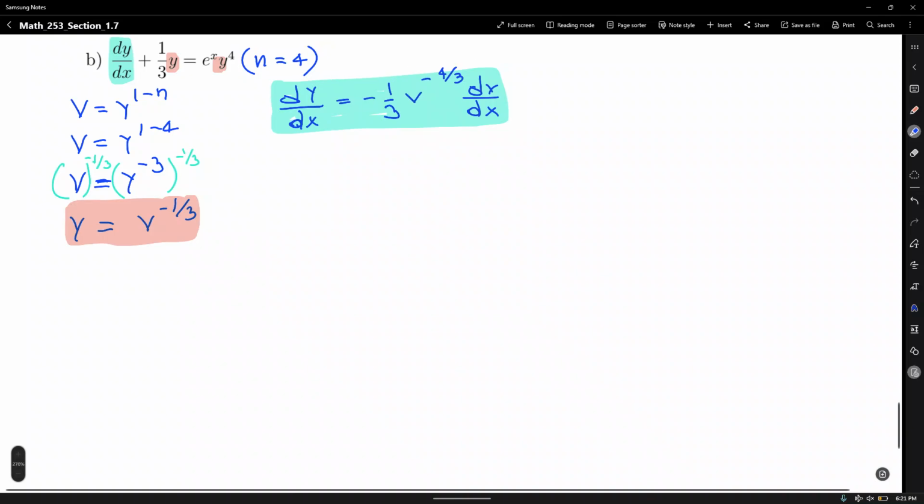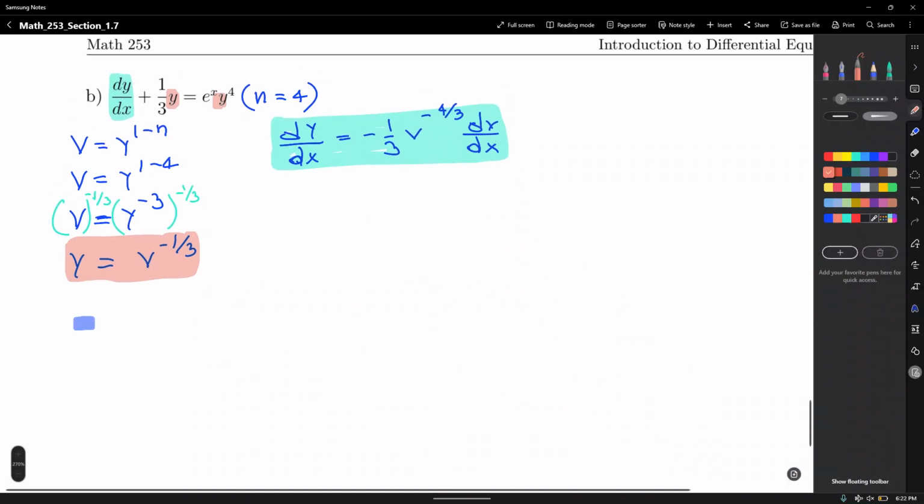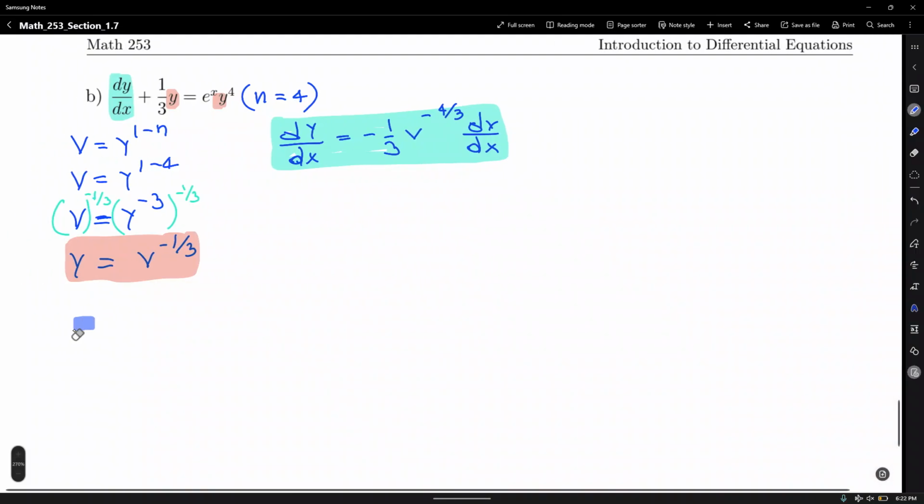So negative 1/3 v to the negative 4/3 dv/dx plus 1/3 y, which is v to the negative 1/3, equals e to the x times v to the negative 1/3, but notice this is supposed to be raised to the fourth power. I know that doesn't look any easier, but we just need to handle these ugly exponents for a couple of steps only.